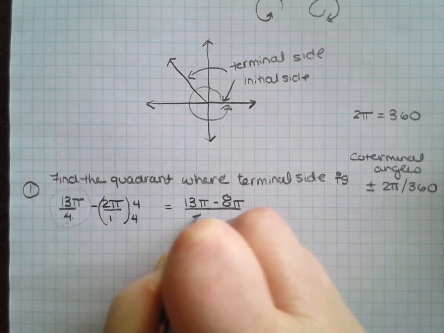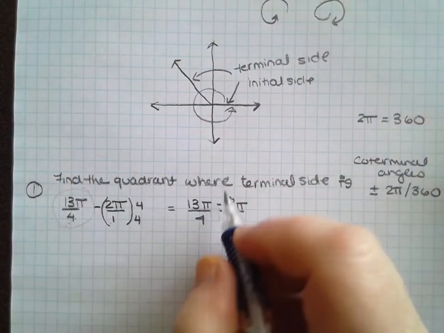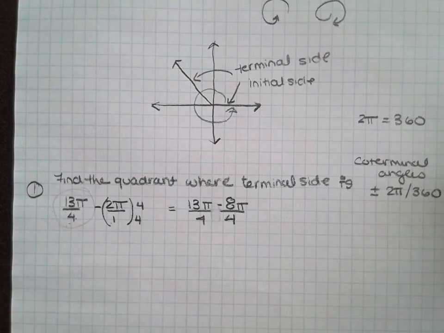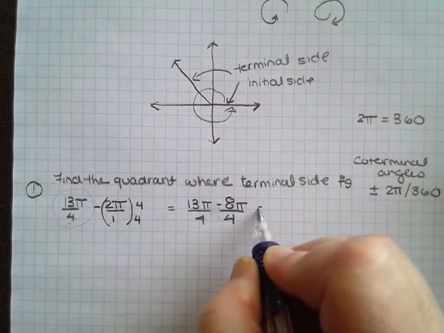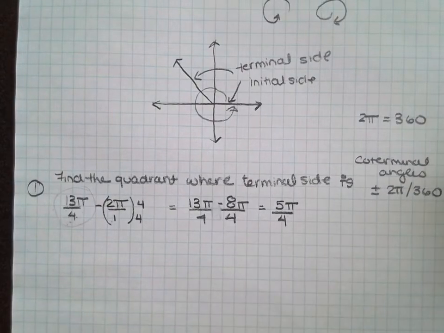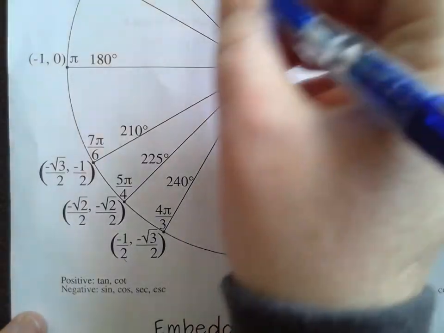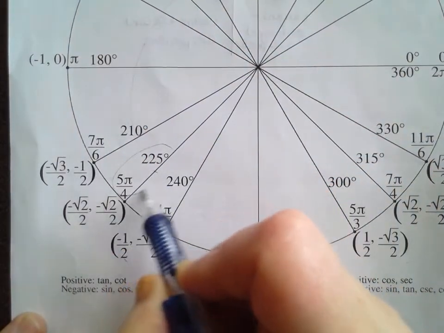That gives me 5 pi over 4. Now when we look at that, 5 pi over 4 is on the unit circle. So let's take a look at that unit circle. 5 pi over 4 is right over here, 225 degrees. That's in your third quadrant.